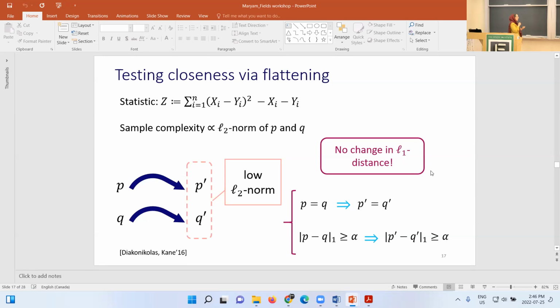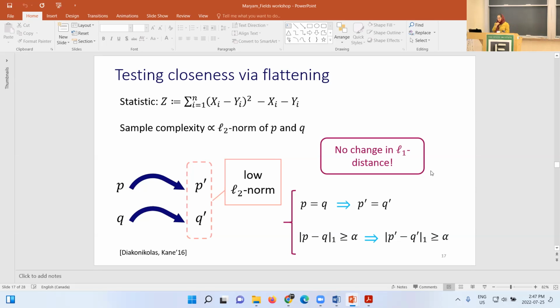At the heart of closeness testing, there is this statistic Z. In this definition, Xi and Yi are the frequency of the ith domain element in the sample sets from P and in the sample sets from Q. It turns out the sample complexity of this statistic is proportional to the maximum L2 norm of P and Q. So if I have 2 distributions that have low L2 norm, this would be a very efficient algorithm.